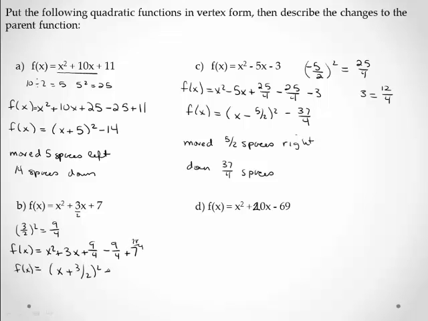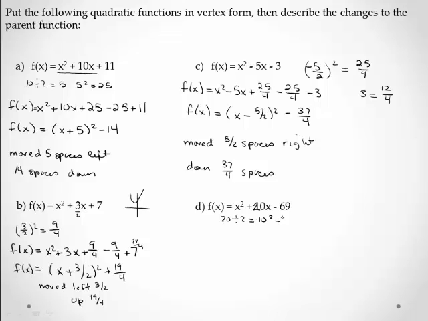So -9 plus 28 gives me 19/4. So I'll have moved left 3/2 and up 19/4. Now, as you can see, if I move up 19/4, I end up over here somewhere, and I'm not touching the x-axis anymore.